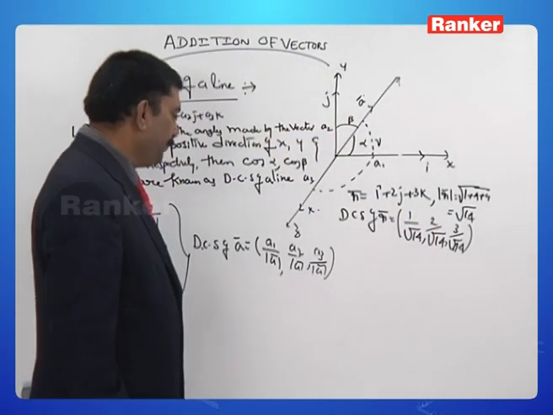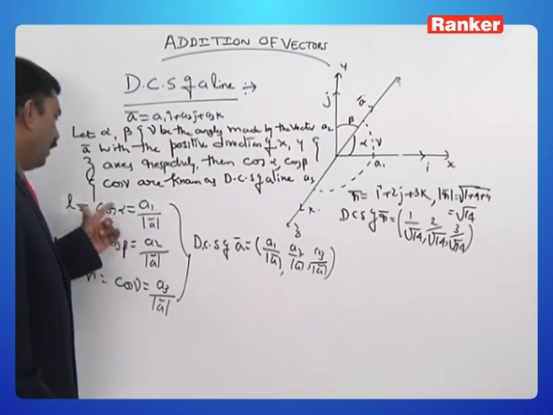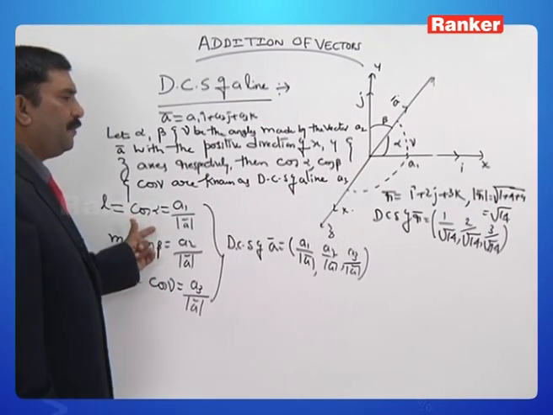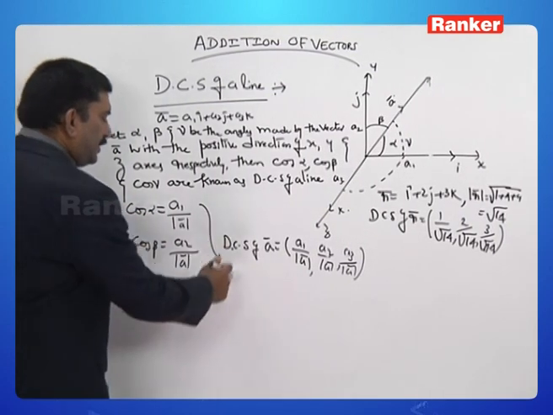This is the DCs. Okay. Now, alpha is the angle made by A bar with the x-axis. You know the DCs of A bar.